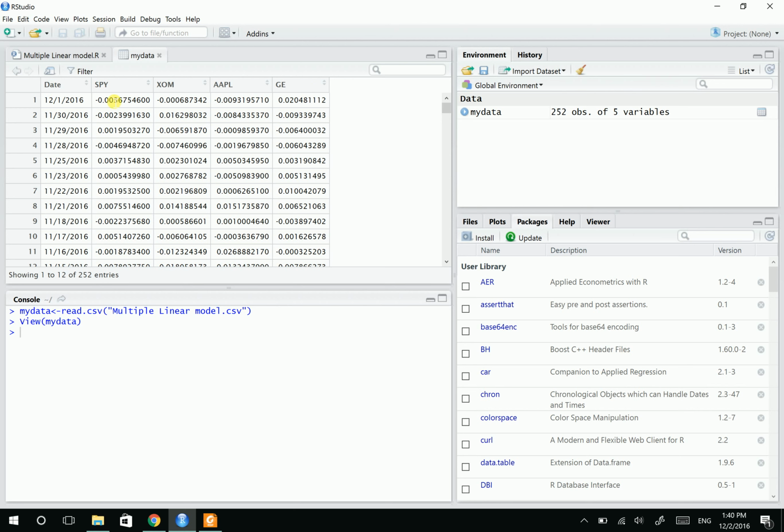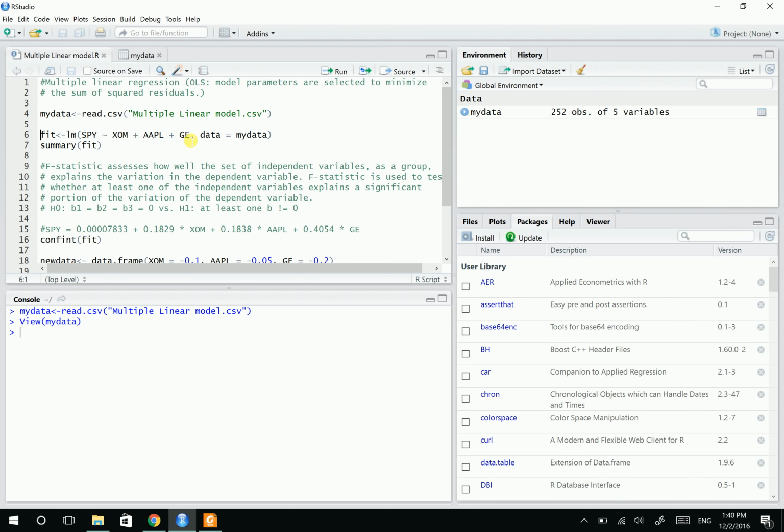So SPY is the dependent variable, and the other three are independent variables. I bet you are familiar with the command LM. LM is the command for linear model, so we use LM: SPY, then ExxonMobil, Apple, and GE. Data is my data.